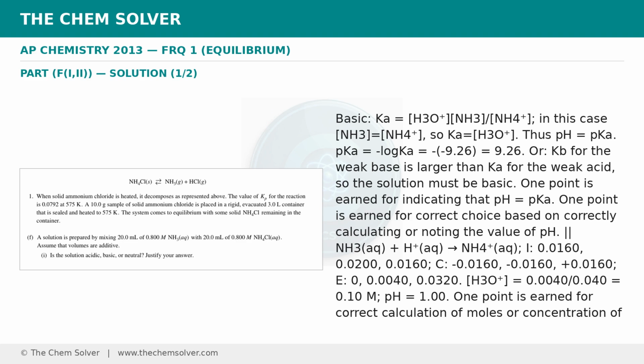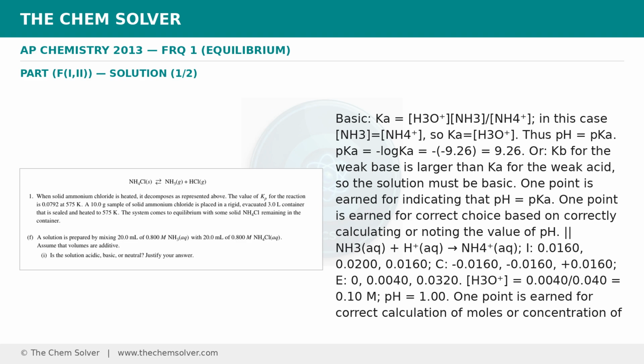NH3 plus H+ gives NH4+. Initial: 0.0160, 0.0200, 0.0160. Change: minus 0.0160, minus 0.0160, plus 0.0160. Equilibrium: 0, 0.0040, 0.0320.